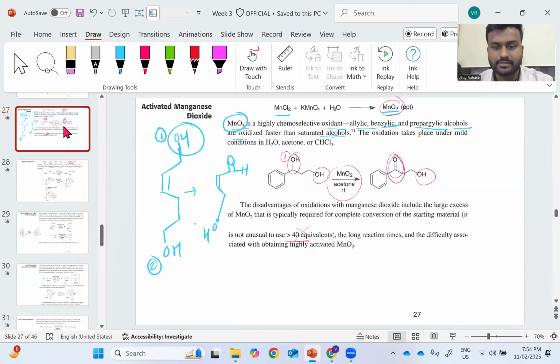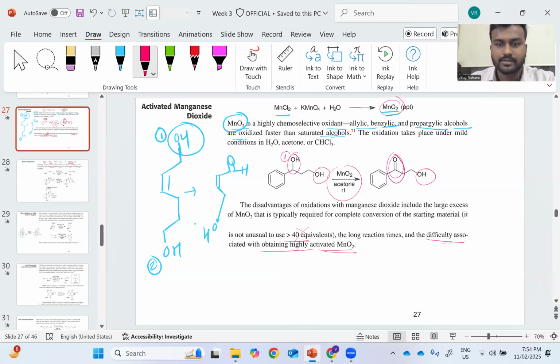prior activation. So here, there is difficulty associated with obtaining highly activated MnO2. We need highly activated MnO2. Highly activated means, as you have seen here, while preparing the MnO2 powder we are using KMnO4 as well as water, so we have to completely dry out the moisture present in the MnO2, and that procedure is quite hectic.